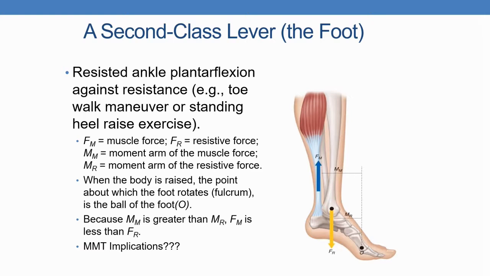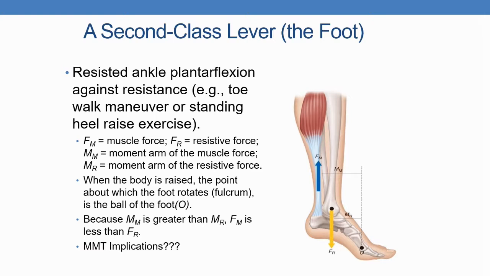And that makes sense when you consider all the activities that we do that require us to elevate on our toes, and running and pivoting and twisting and climbing, and it makes sense that this would have to be a strong mechanically advantaged system.